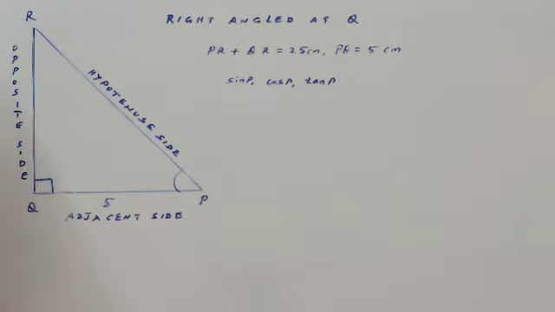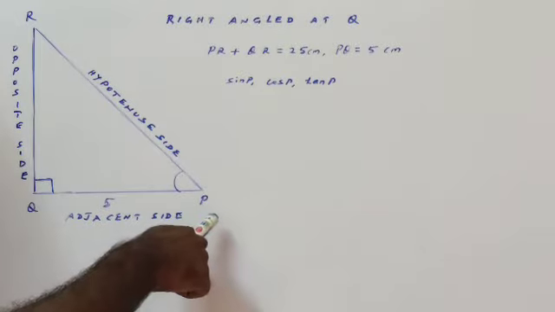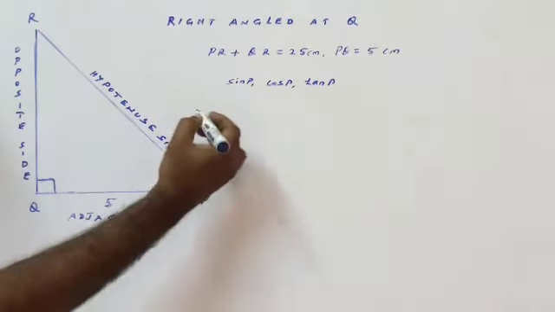According to Pythagoras theorem, we know that opposite square plus adjacent square equal to hypotenuse square.